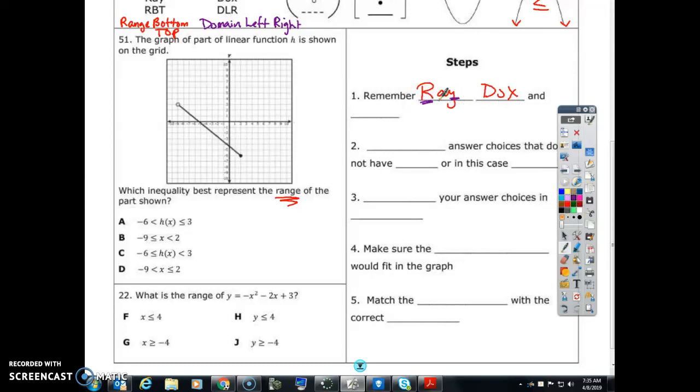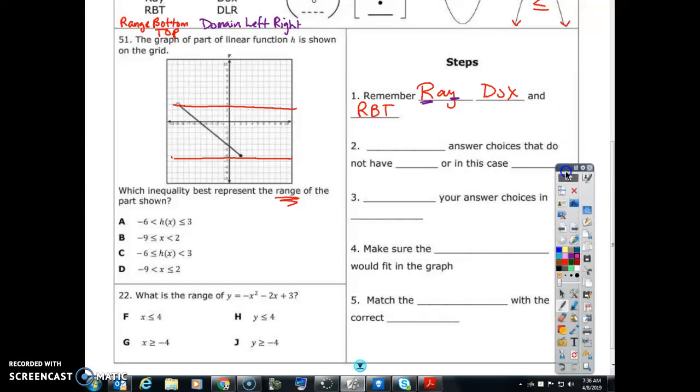Range is the y's. And you should have remembered RBT, which means range is from the bottom to the top. From the bottom, like this, to the top. Right? That's your range.